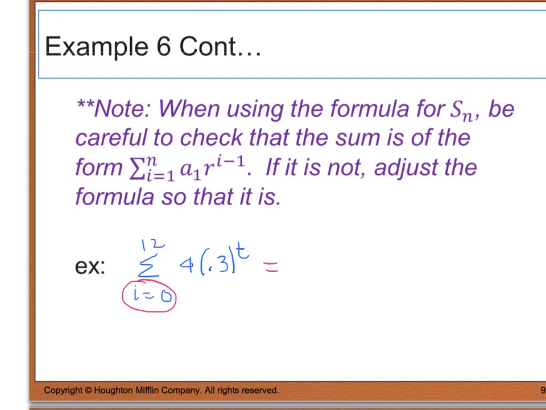To adjust that, I'm going to say i equals 1, so I had to add 1 to this 0 here, which means I also have to add 1 to my n value. So I'm really going from 1 to 13 then, and everything else is going to be the same. Then I can go ahead and use the formula given right here.